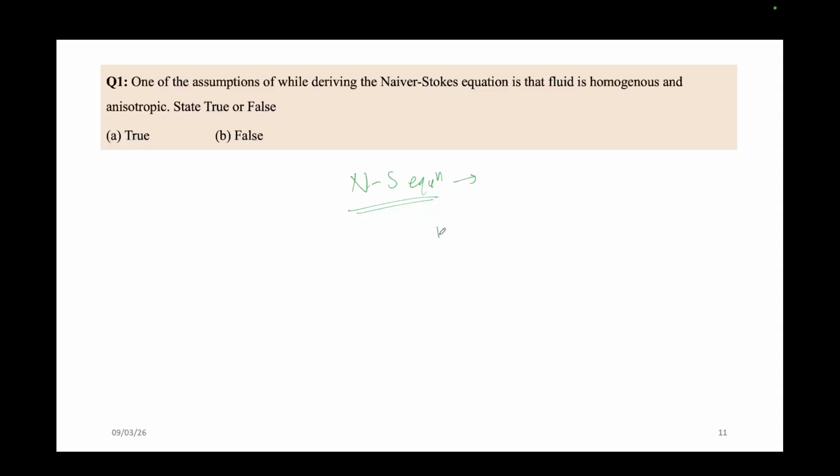The first assumption is that the fluid properties vary continuously with time. Next, properties are uniform at a point.